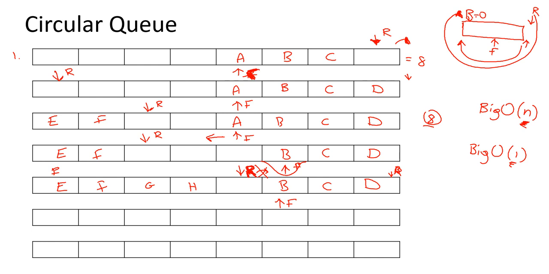Because in those two situations it's full. So where the rear pointer is 1 less than the front pointer, or the rear pointer is at the last position in the array and the front pointer is at the start position of the array, in those two situations, the queue would be deemed as being full.